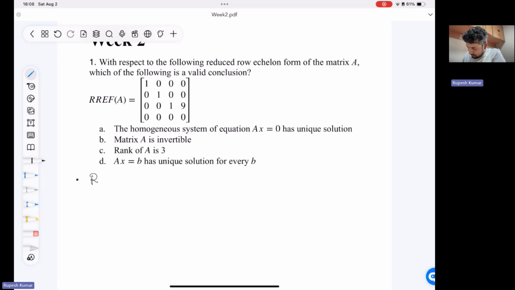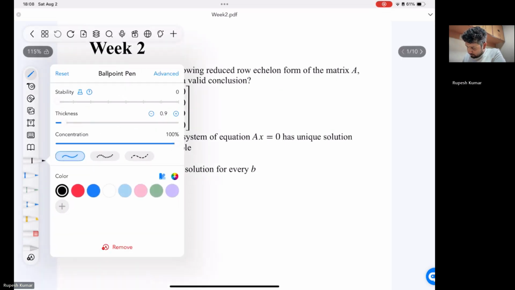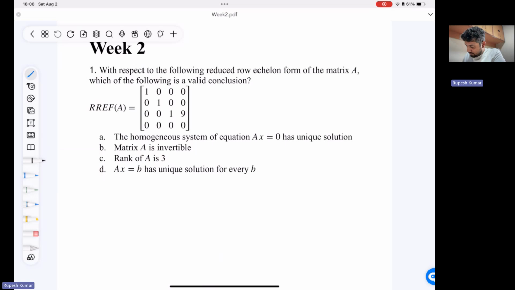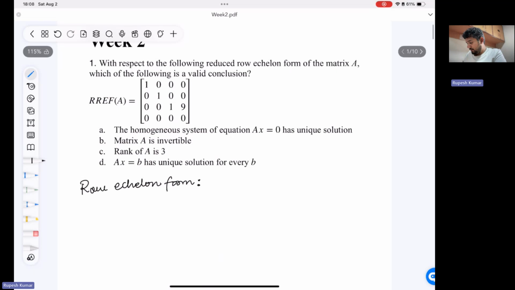Basically, row echelon form says that the matrix should have the following property. For each row, the leading non-zero entry should be 1.